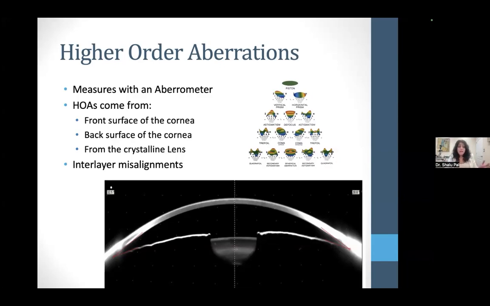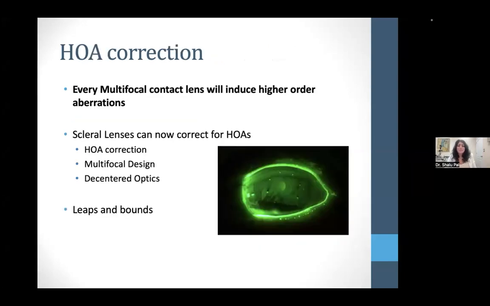Okay, so great, I can measure this and say, your ghosting is coming from this measurement, but what can we do about it? Well, scleral lenses now have the ability to have higher order aberrations put into them. You can also decenter the optics. So if the center of the optics is sitting here and your pupil is here, you can move that center of the optics to where the pupil is.